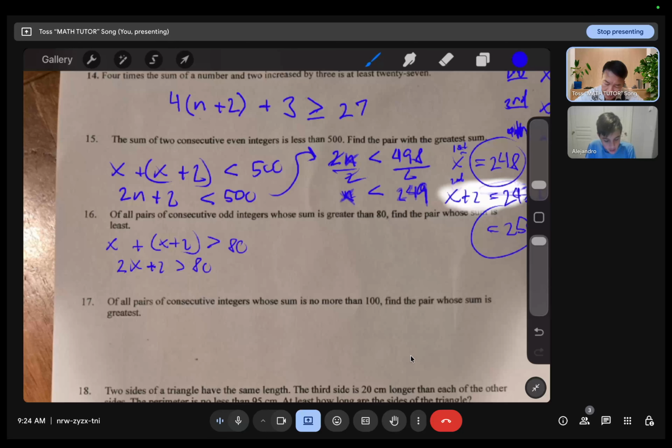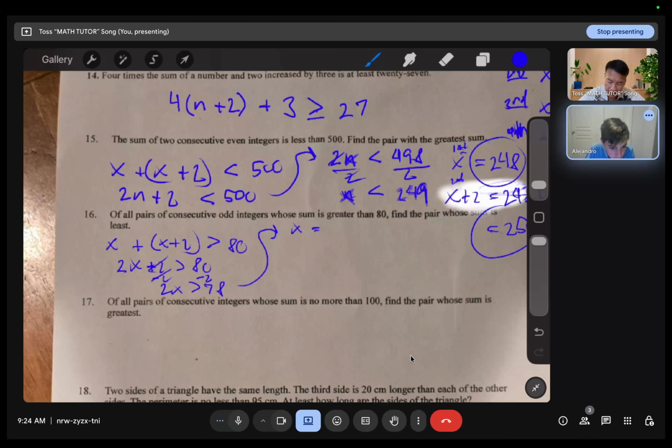Subtract both sides by 2. So you're left with 2x greater than 78. And then if you divide both sides by 2, you're left with half of 70 is 35, half of 8 is 4. So it's going to be 42.